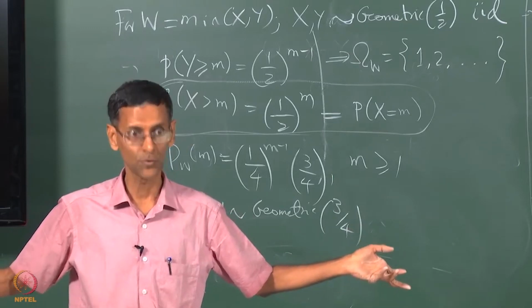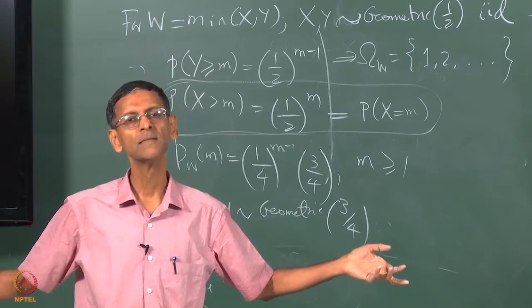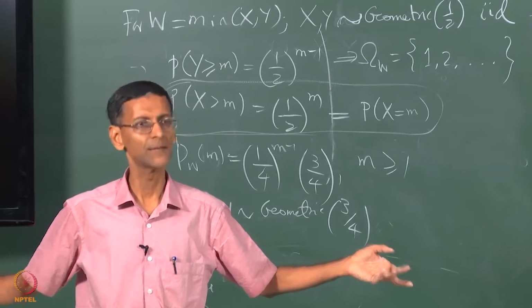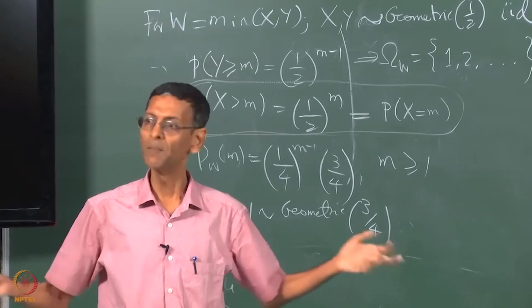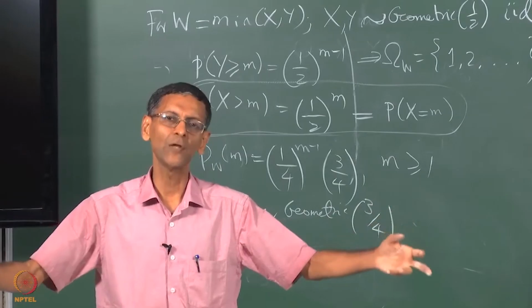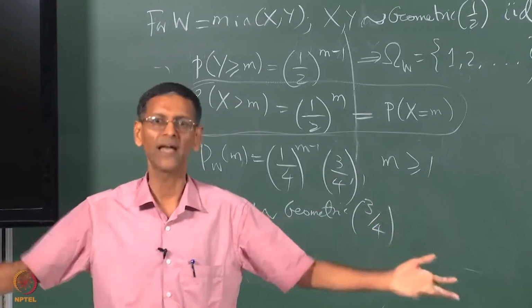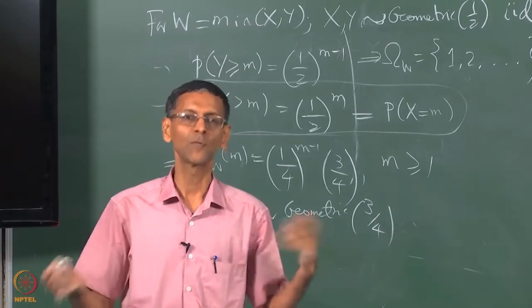It is 3 by 4, is it not? That is the intuition I am asking you to get. So when do you say that W takes a value 3? You get a head here or a head here, the first one. So that experiment will succeed with probability 3 by 4 now.